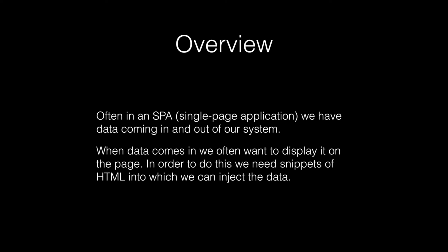So let's dive in. As an overview, often in a single page application, we have data coming in and out of our system. We just had a little bit of an introduction to this in that last lesson, right? When data comes in, we often want to display it on the page. In order to do this, we need snippets of HTML into which we can inject the data that we've loaded.